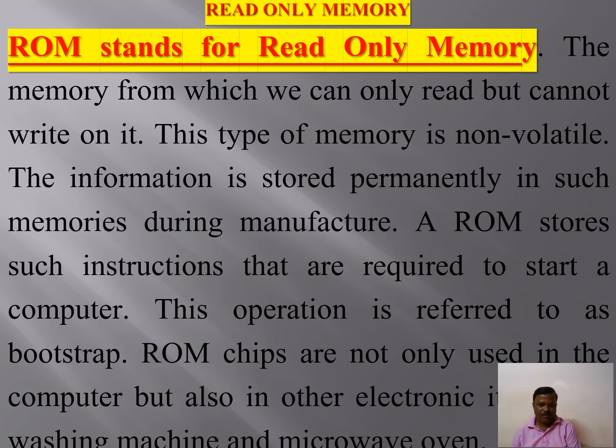EPROM, erasable and programmable read-only memory. EPROM can be erased by exposing it to ultraviolet light for a duration of up to 40 minutes. Usually, an EPROM achieves this function during programming. An electronic charge is transferred to an insulated gate region.